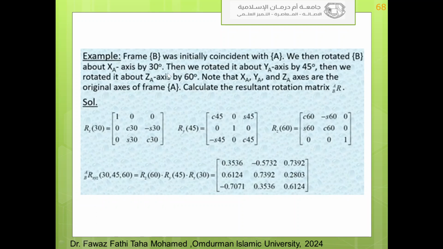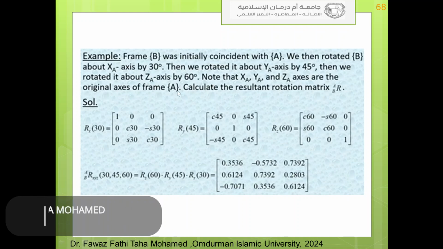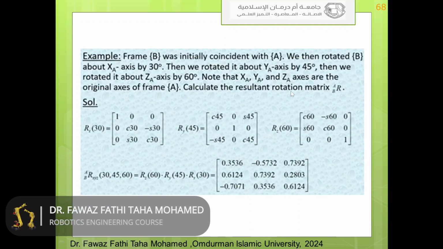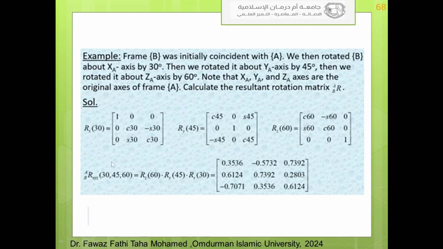For example, frame B was initially coincident with A. We then rotated this frame about the XA axis by 30 degrees, then about the YA axis, so it is fixed, by 45, then about the ZA axis by 60. Note that XA, YA are the original axes of frame A. Calculate the resultant rotation matrix RBA.